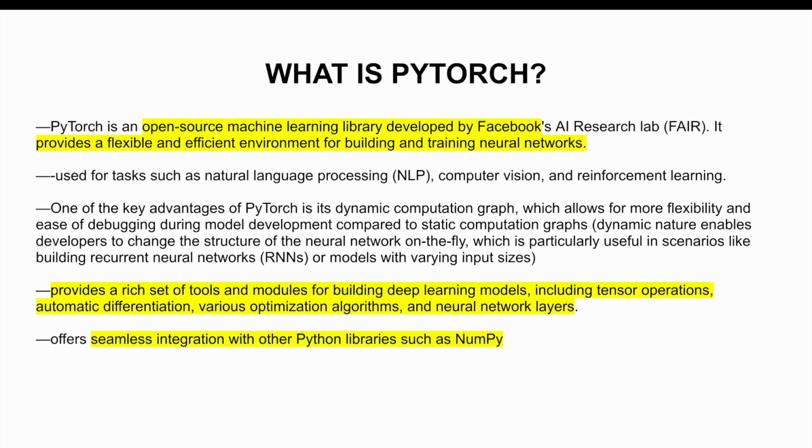So that's dynamic computation graph. And PyTorch has one of the key advantages being its dynamic computation graph, which allows for more flexibility and ease of debugging during model development compared to static computation graphs.